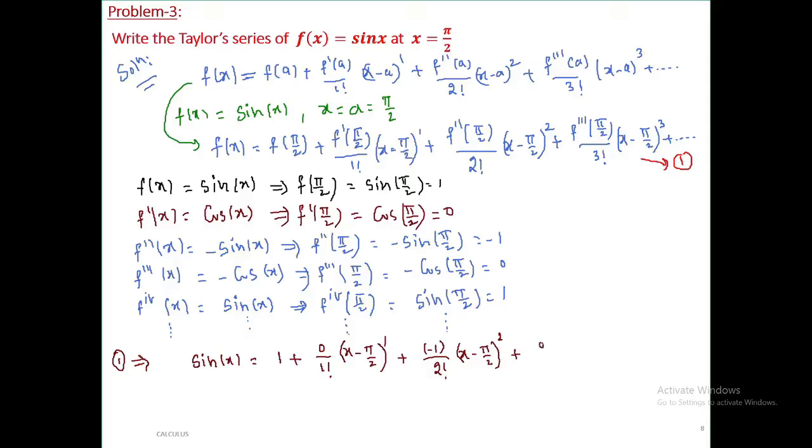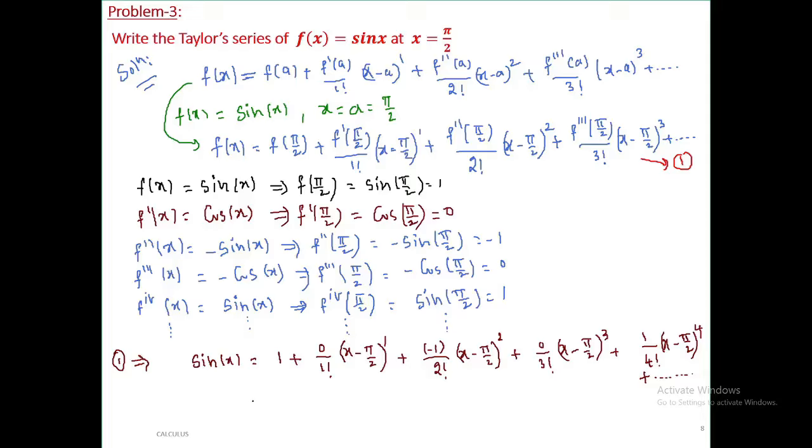So 0 by 3 factorial into x minus pi by 2 whole to power 3. Next, plus the fourth one. Fourth derivative is plus 1, so 1 by 4 factorial into x minus pi by 2 whole power 4, plus up to so on, compulsory because it is a series.